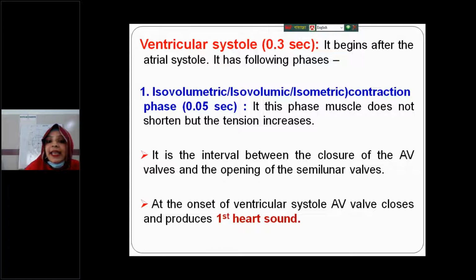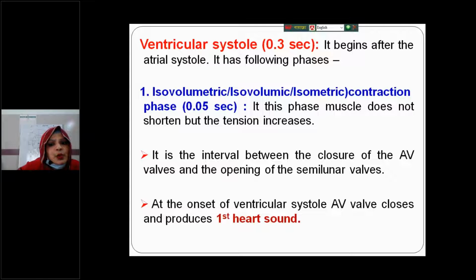See here, a very important thing: it is the interval between the closure of the AV valve, because during atrial diastole the AV valve remains closed, and the opening of the semilunar valve. During ventricular systole, the AV valve must be closed and the semilunar valve opens, because the ventricle contracts and pushes blood.